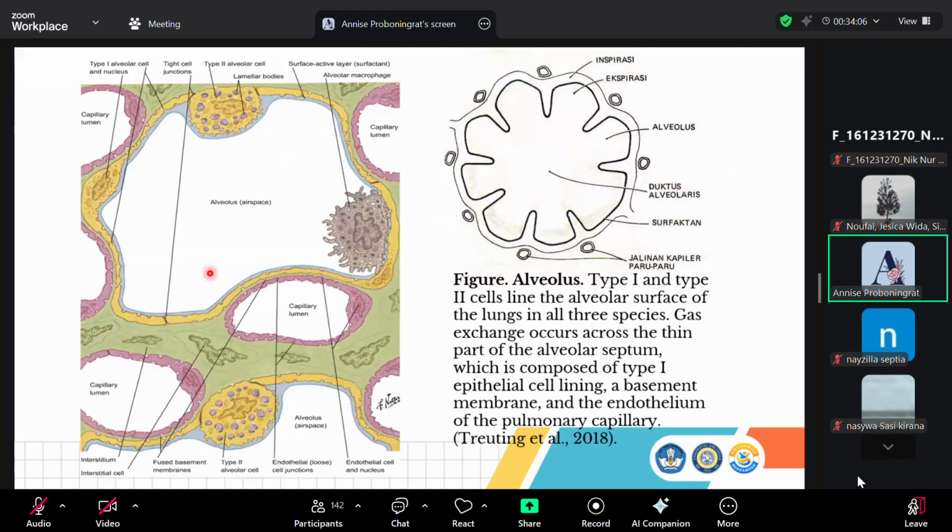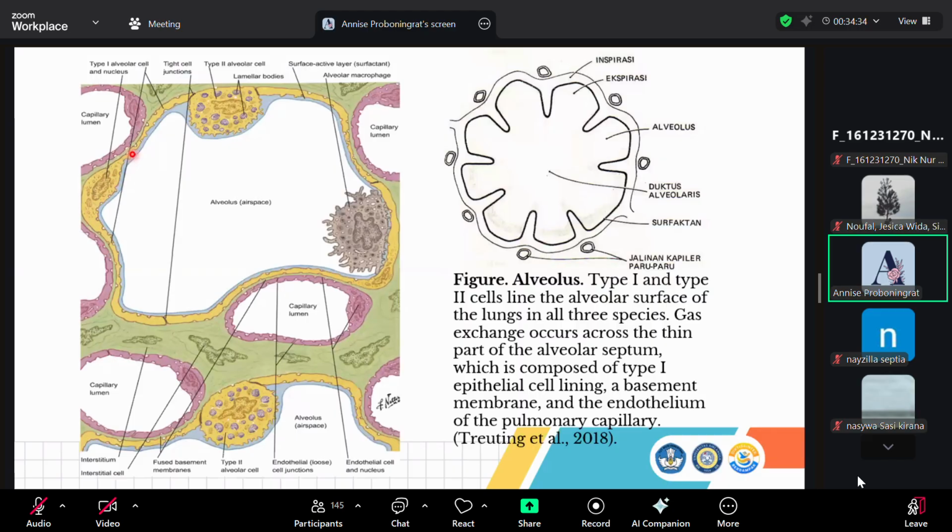This is the schematic picture of the alveolus or alveoli. Type 1 and type 2 cells. This is the type 2 and this is the type 1. Type 1 has a flat nucleus.